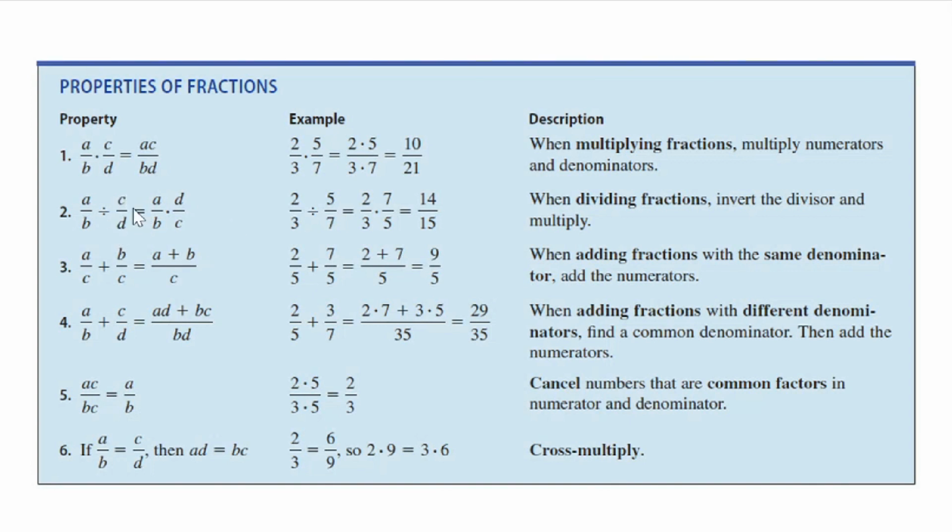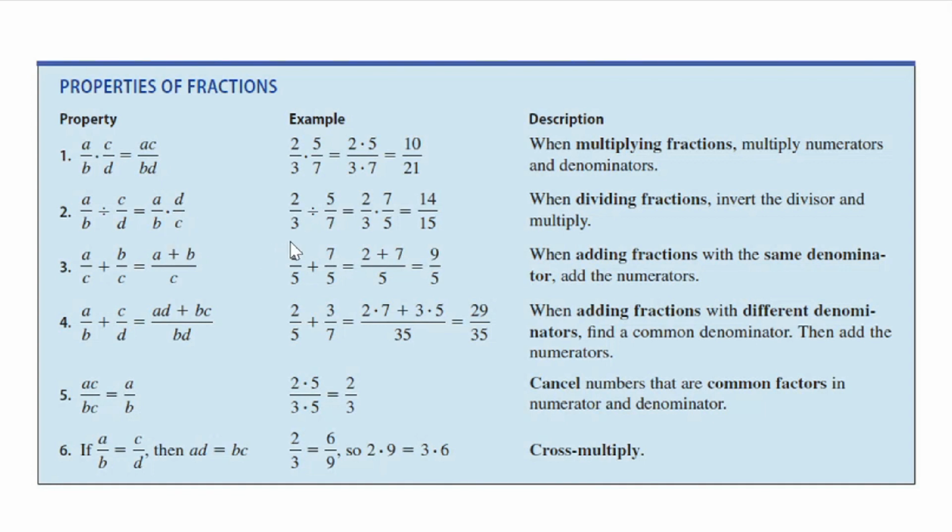So the reciprocal of c over d is d over c. So a over b, you just copy this one. Our c over d is our divisor. So therefore, we have to write now a over b times the reciprocal of c over d, which is d over c. Then after that, you multiply numerator by numerator and denominator by denominator.